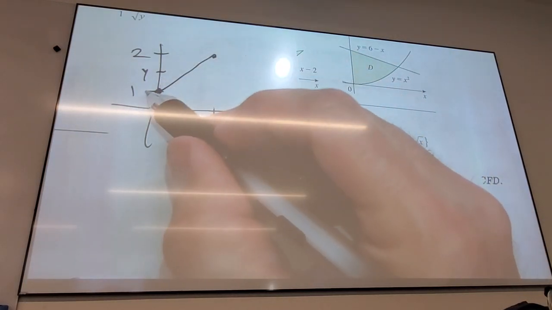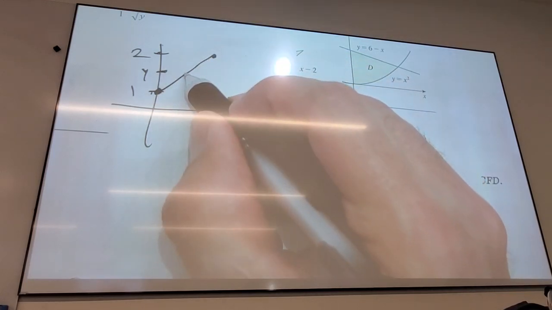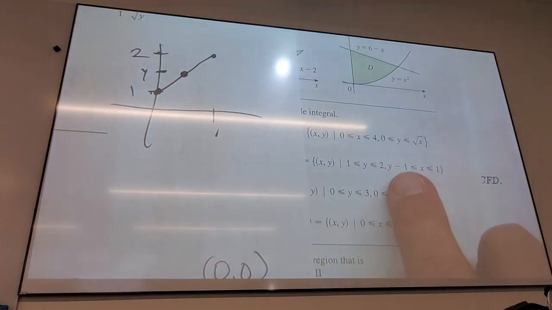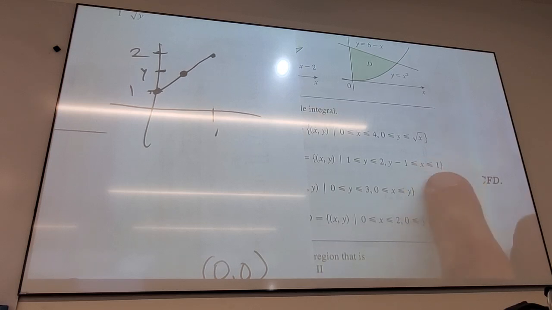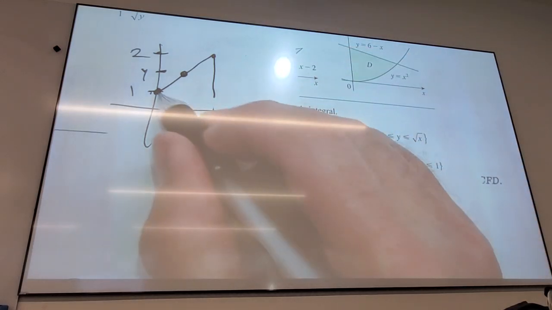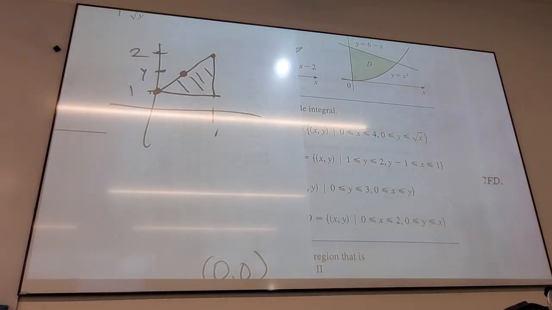So as y goes from 1 to 2, pick some arbitrary y, x goes from this wall to that wall. How do I draw this wall? x equals 1, yes. It's a vertical line. I love it. So this is the region that we're talking about. If I wanted to change the limits, I could now, because I've got the little picture. I don't think I need to.